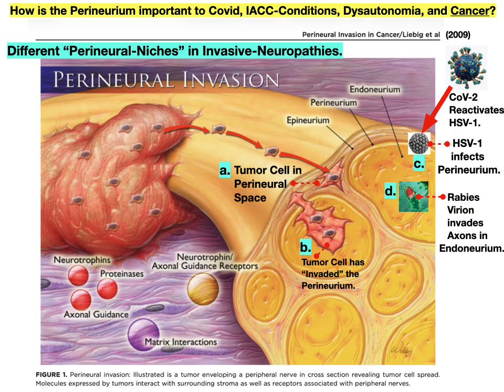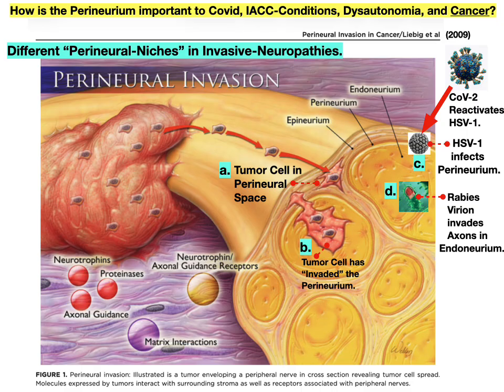Now, taking these concepts of invasions, not just tumor cells, but viruses, we've been discussing how HSV-1 can invade the tissue compartments of nerves and infect the perineurial cells of the perineurium, and that's illustrated in example C. Now, potentially, an infection like CoV-2, perhaps through inflammatory signals, is able to reactivate HSV-1 in many tissues and perhaps the perineurium.